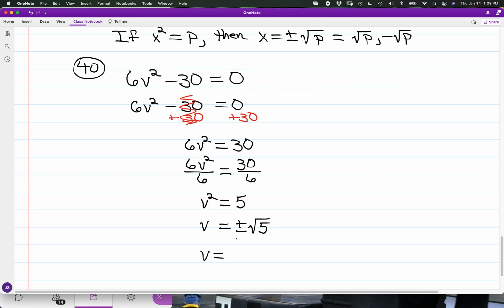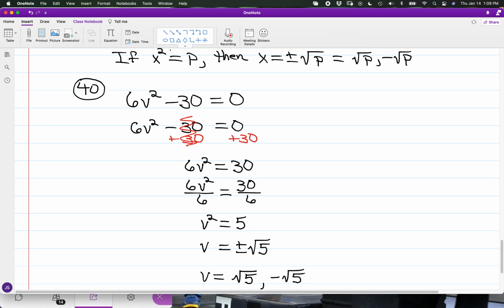So our solutions for v in exact terms are the square root of 5 as well as the negative of the square root of 5. If you want numerical answers, that'd be positive and negative 2.2 something. But in exact terms, they are the square root of 5 as well as the negative of the square root of 5.